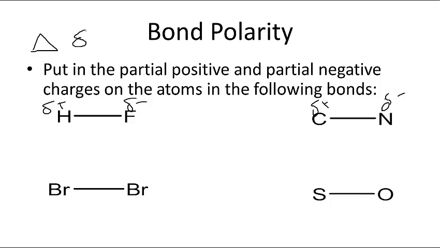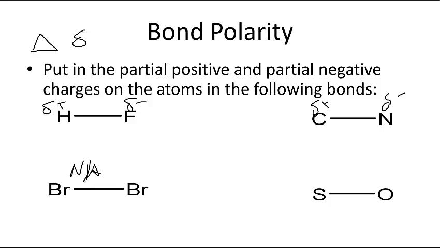Okay. So now if you think about it, guys, it makes sense that it's lowercase delta because delta means change, right? So here it's like a little change in positivity, a little change in negativity. All right. So Br and Br. Which one's more electronegative? Neither.